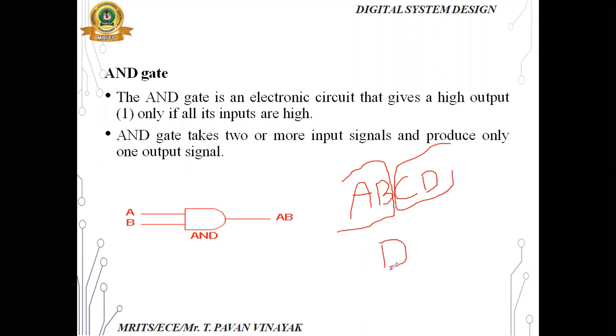So A, B, and C, D. And these both outputs are also AND operations. So take another AND gate.